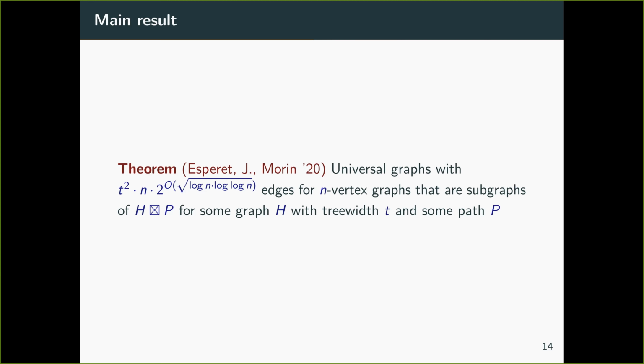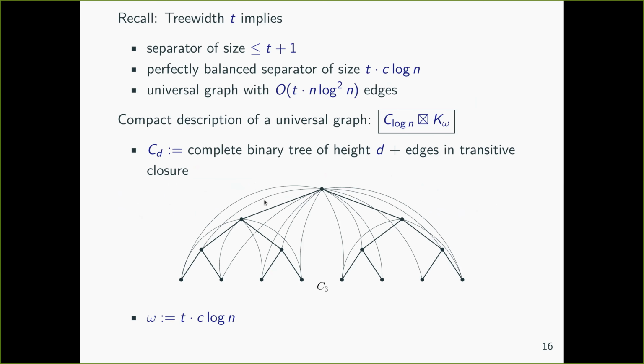So of course here the fix is easy. Instead of trying to be prepared for any graph H, let's just replace this H by something which contains all n-vertex graphs of tree width t as a subgraph. That's exactly what a universal graph is good for. And we know how to build good universal graphs for bounded tree width, right? So that's the first step.